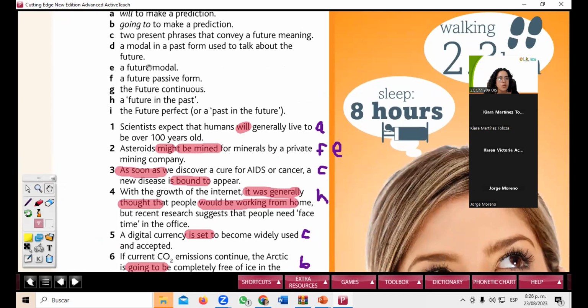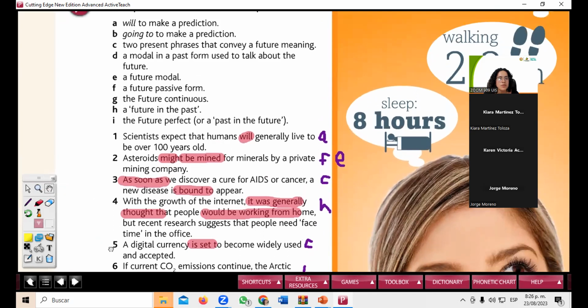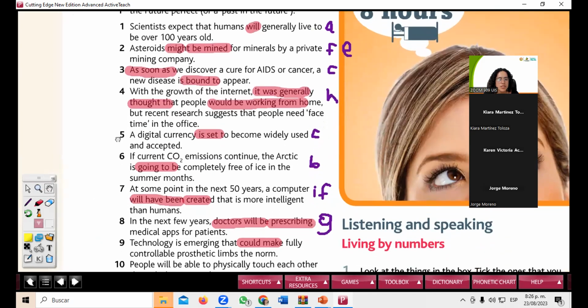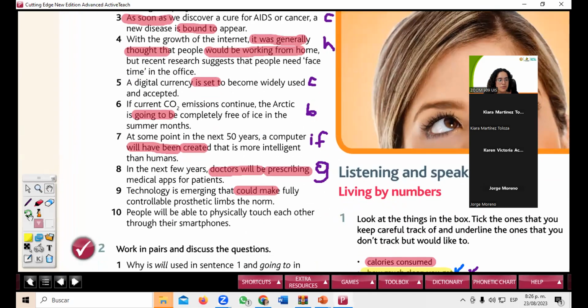E, a future modal? Okay, in this case it is D, a modal in the past used to talk about the future, okay? Entonces, this one is pasado, could, okay? Could make fully controllable prosthetic limbs the norm. This is letter D.